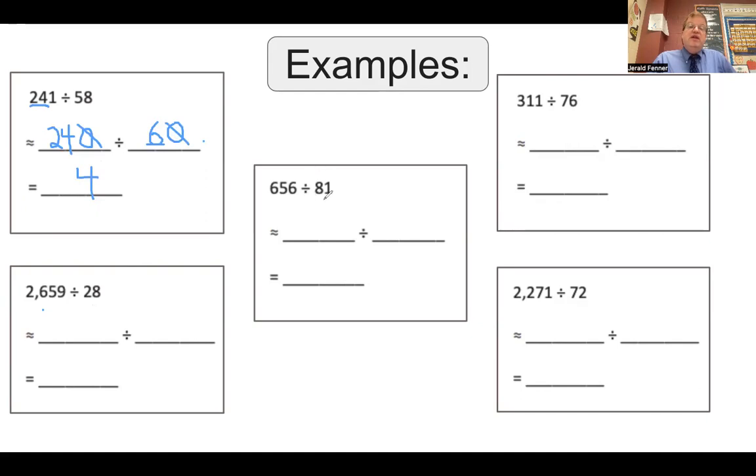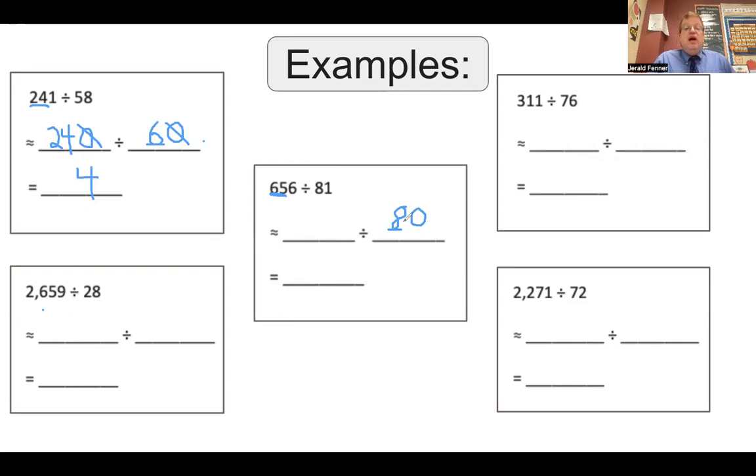What's the divisor? It's the 81. Once again, we have to keep doing it over and over again to help us understand how to do this properly. So 81 rounded to the largest place value will be 80. So then we look at our 8 and we look at our 65.